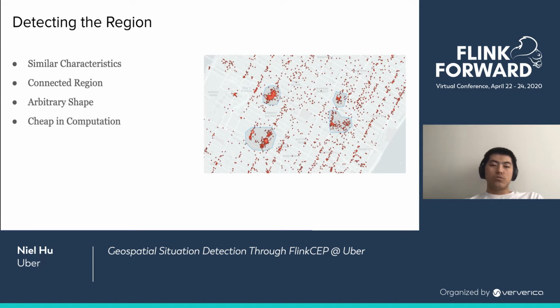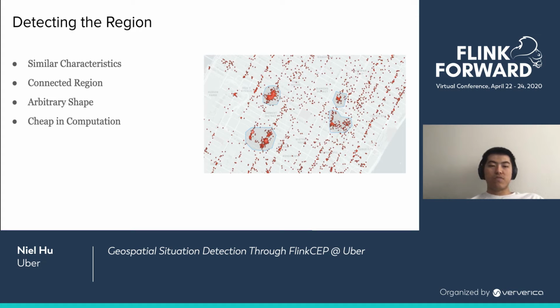First, we need to define what a region is. The image here shows that in the city, you can see there are many hotspots. We only care about those hotspots, and we want to monitor the health and the status of those hotspots and ignore the others.